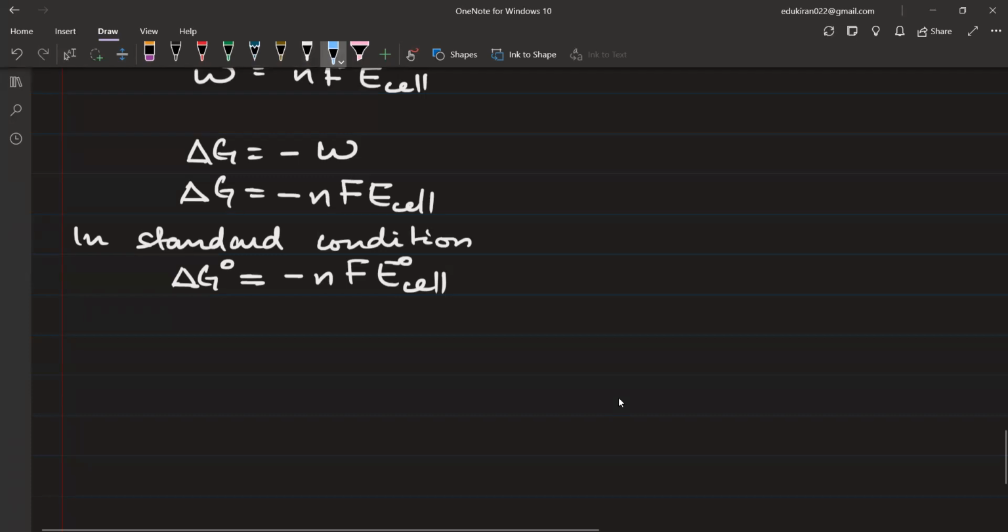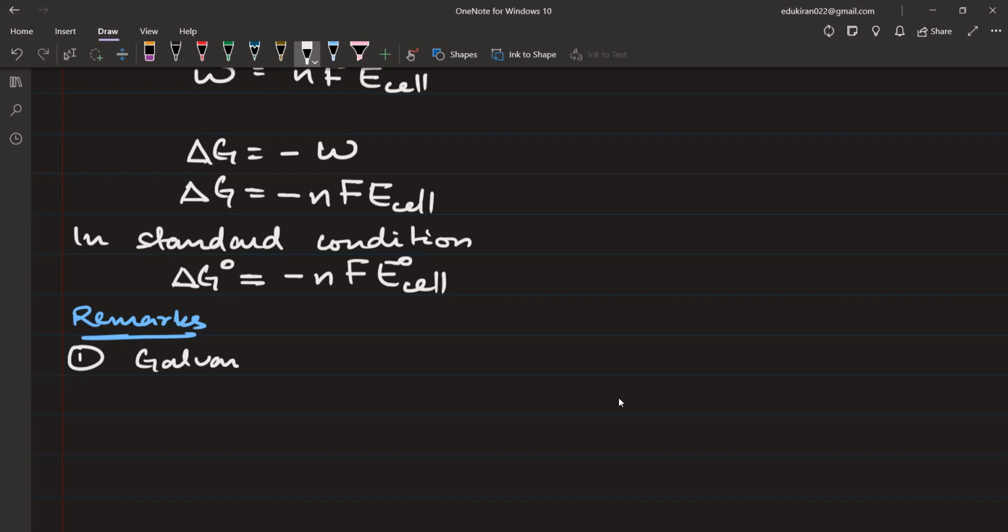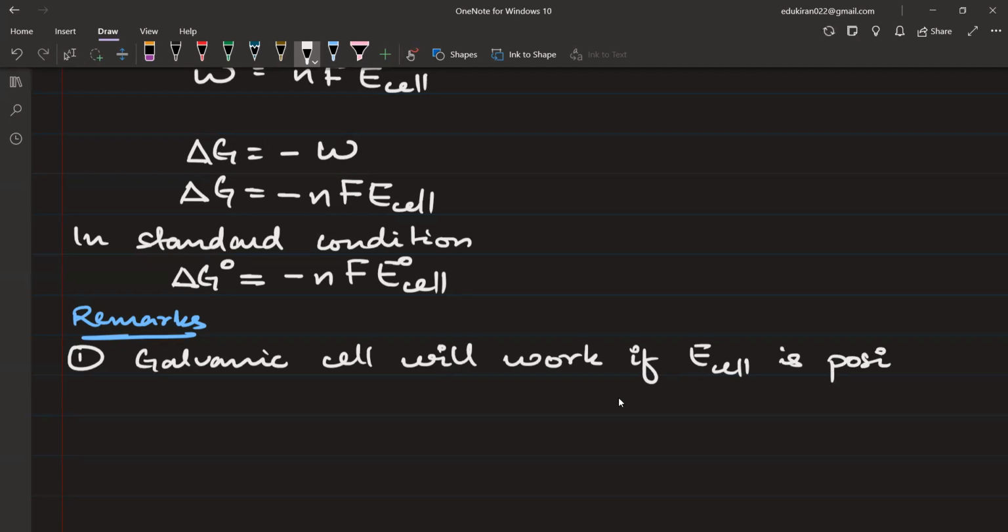Write some remarks. Write number 1 point. Galvanic cell will work if E cell is positive.